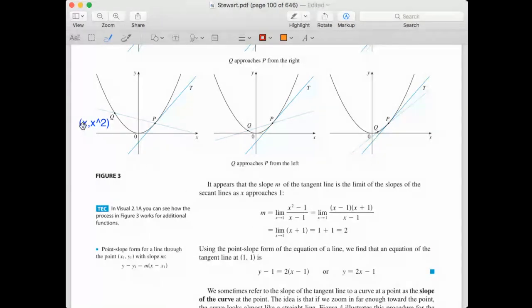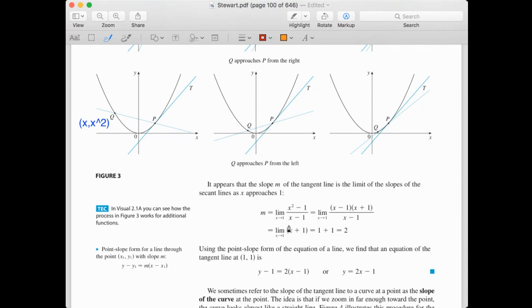So let the x value for point Q approach 1, and then, of course, x squared will approach 1 also. So we let this point Q approach P, and finally reach P. That's the idea of limits. We take a limit. We say let x approach 1.